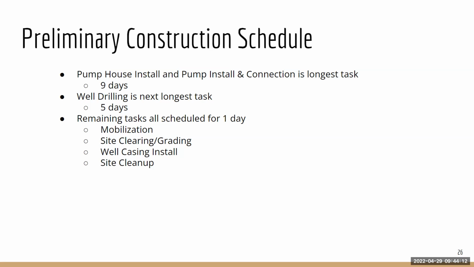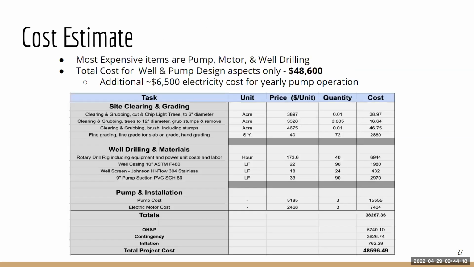This includes mobilization, site clearing and grading, well casing install, and the site cleanup. And then for our cost estimate, our most expensive items were the pump, motor, and well drilling costs. So this leaves us with a total cost of $48,600. We'd also like to point out we need to factor in an additional $6,500 electricity cost for yearly pump operation.